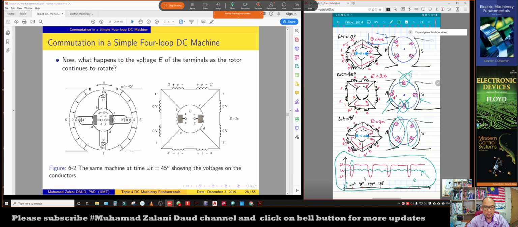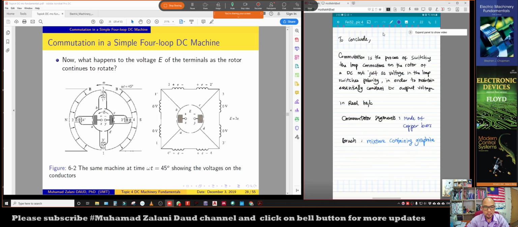At the end, we know that the average voltage induced is E, which is the average voltage induced for this particular behavior of the simple four loop two pole DC machine, which can be represented by this figure.